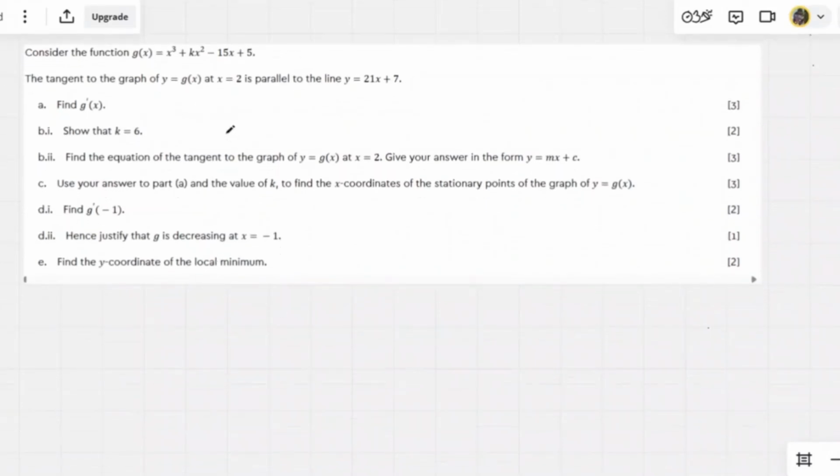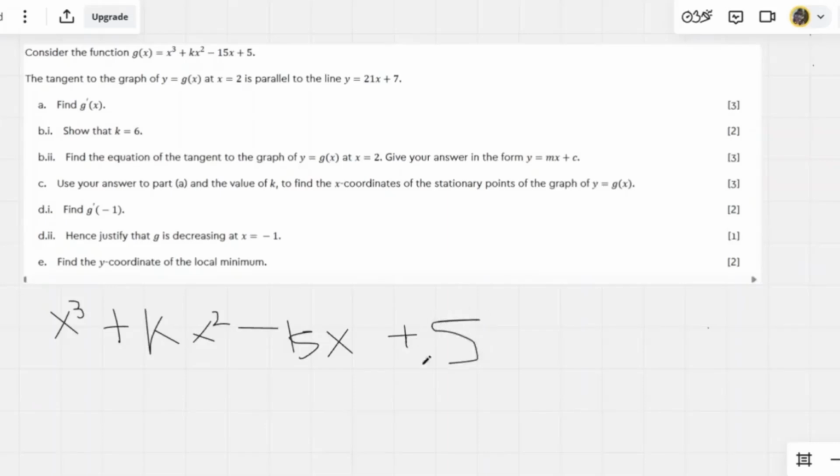It's actually really simple. You use the power rule for x to the power of 3 plus kx squared minus 15x plus 5.